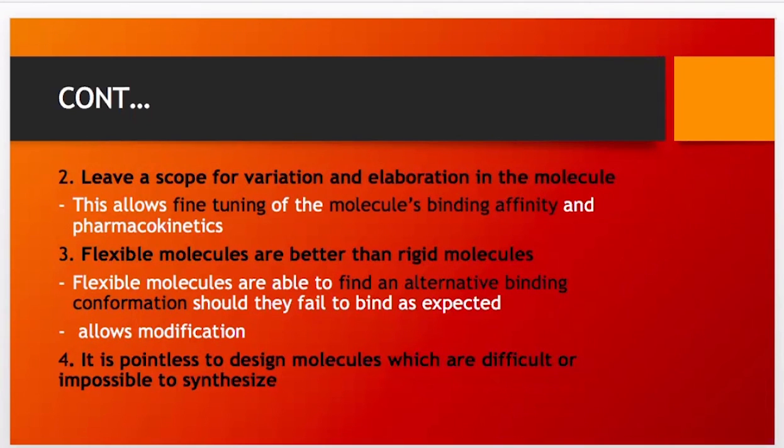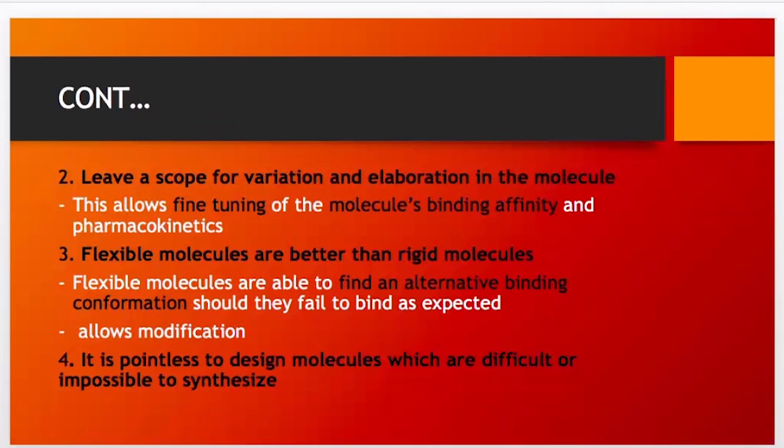What if you made a compound whose pharmacokinetics is so poor, it can't be orally absorbed, it can be easily excreted and so on. So you have to leave some space in this compound that you have designed where you can try and work on improving its pharmacokinetics and its binding affinity.